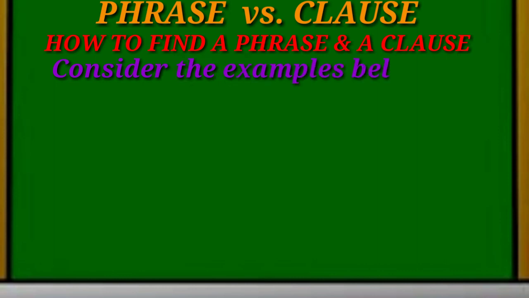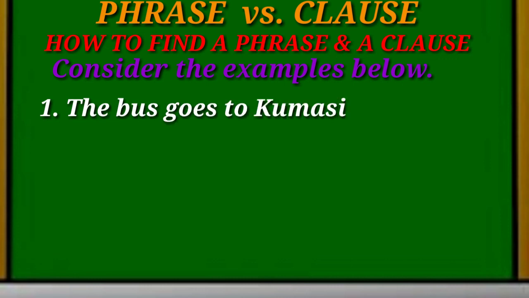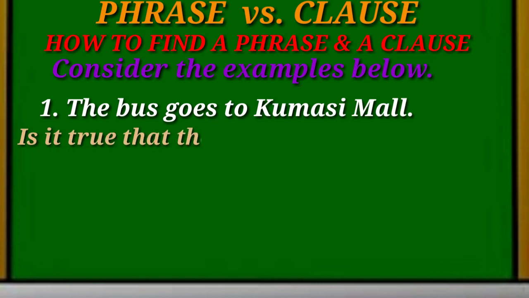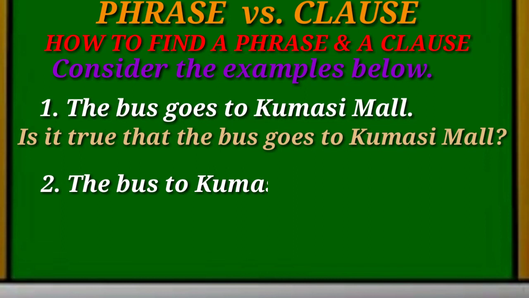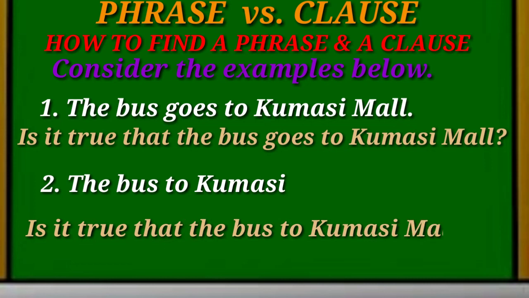Consider the examples below. 1. The bus goes to Kumasi Mall. Is it true that the bus goes to Kumasi Mall? 2. The bus to Kumasi. Is it true that the bus to Kumasi Mall?